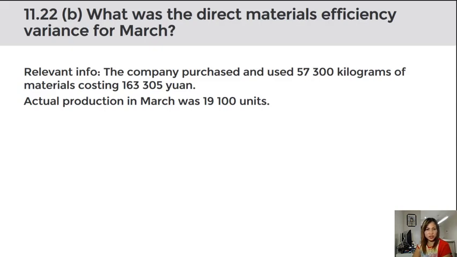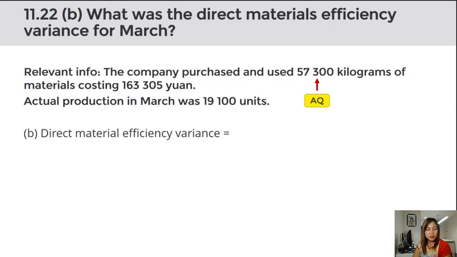So how do we calculate direct material efficiency variance? Efficiency variance refers to the quantity. So we need to compare actual quantity and standard quantity. So which one tells us about the quantity here? 57,300 kilograms is the actual quantity for this company.